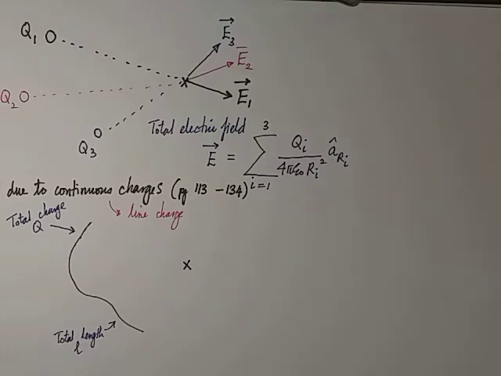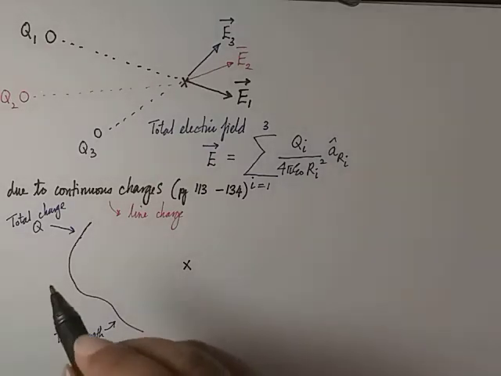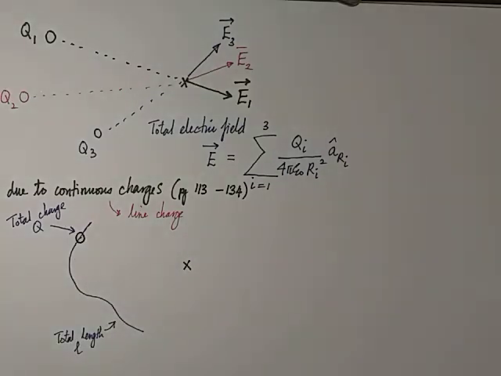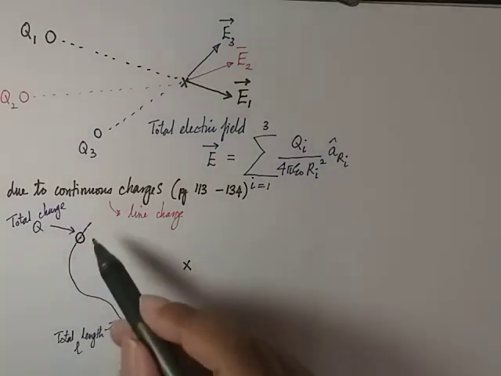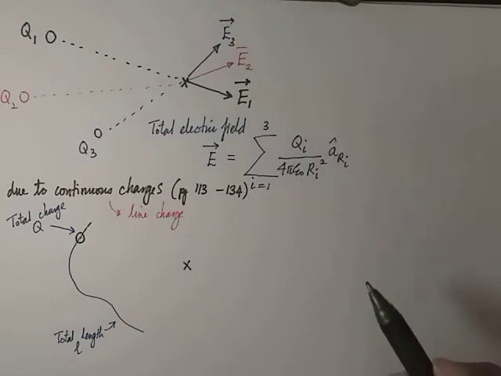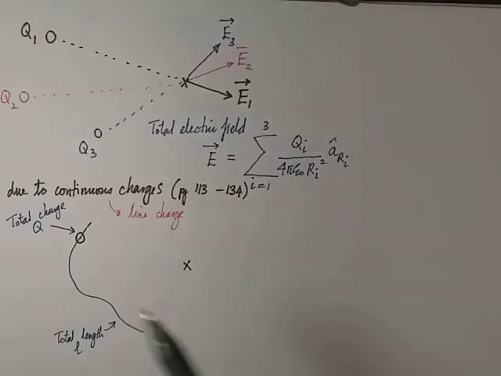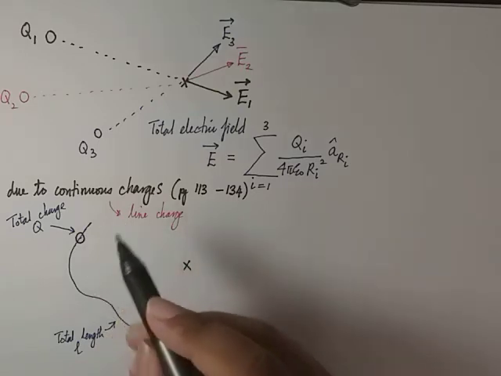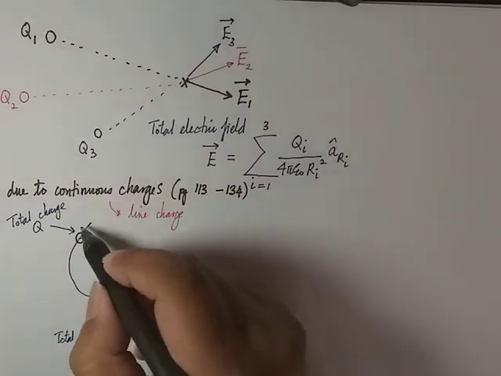Because the line charge is very big in nature, to work with it we always start with something small, and then we take a sample. So I'm going to take a sample up here, located on the line charge, the whole line carrying a total charge Q. Therefore, my sample, which is very small, will carry a magnitude of dq.